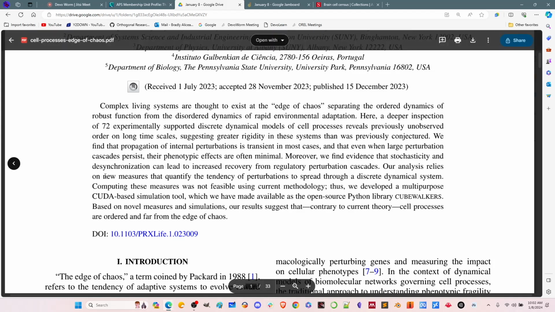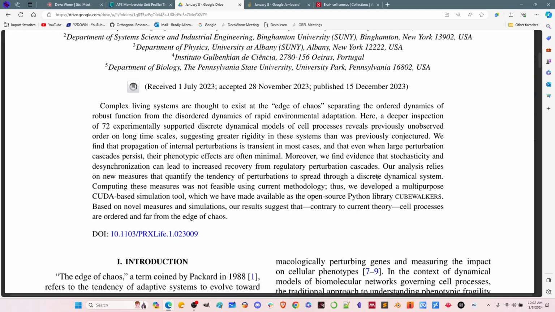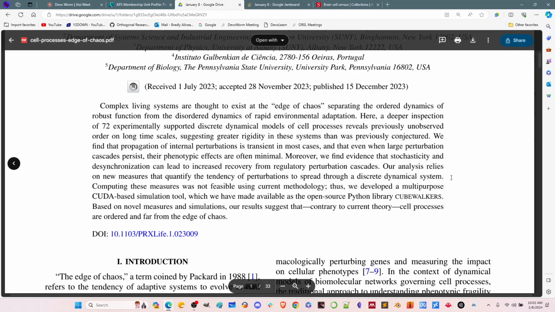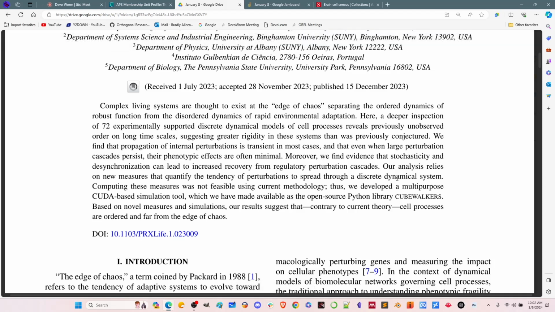Our analysis relies on new measures that quantify the tendency of perturbations to spread through a discrete dynamical system. So this is where they're looking at these new measures to see, if you perturb a dynamical system, can we look at the spread of things throughout that system? And so that suggests things like networks.